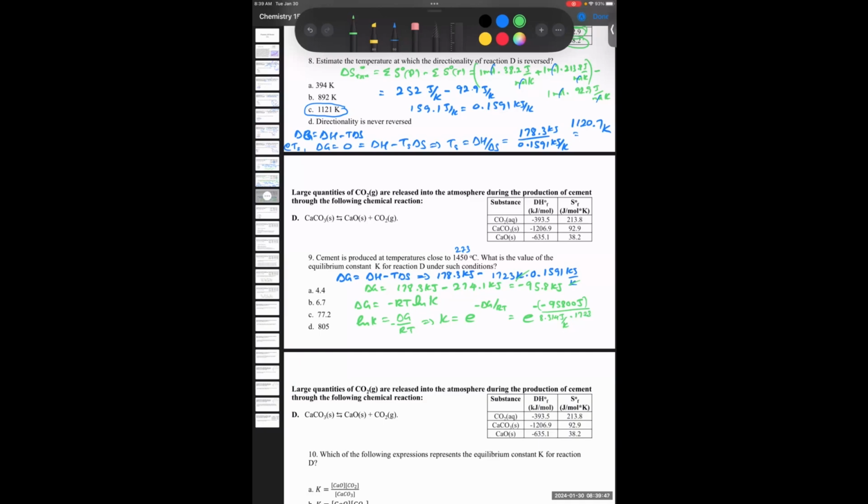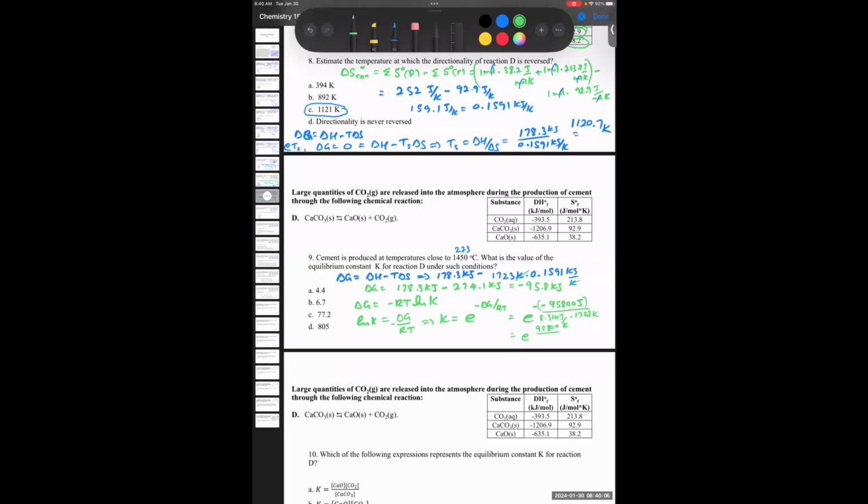Oh my goodness, I need a scientific calculator to do this step now. Anyway, so this should be e to the power of plus, because negative times negative is positive.